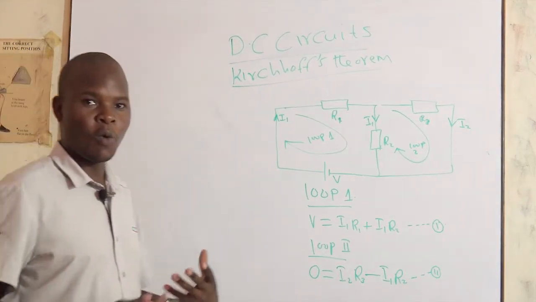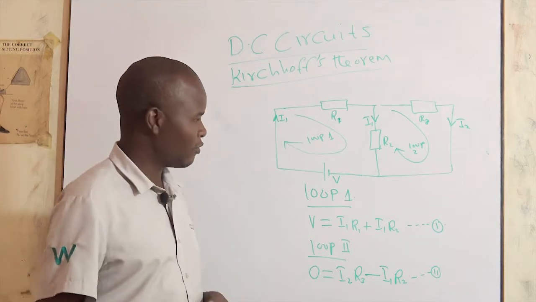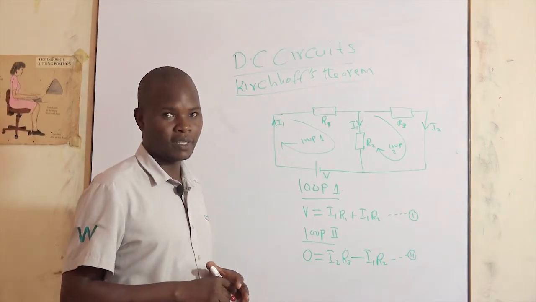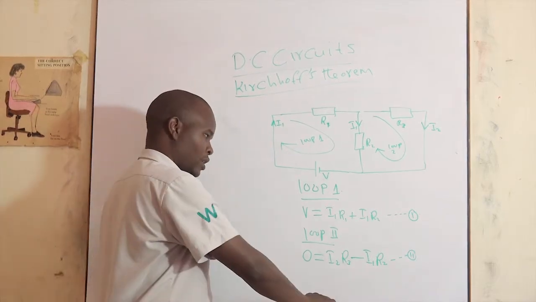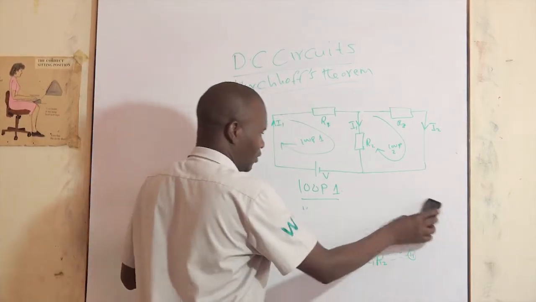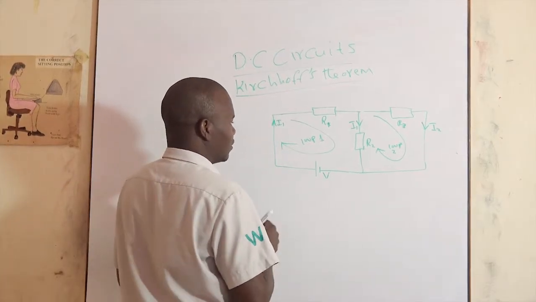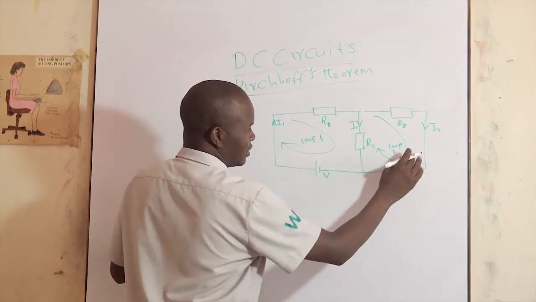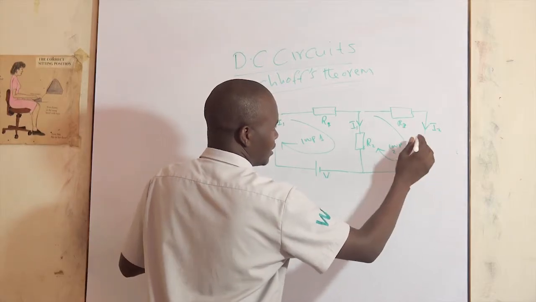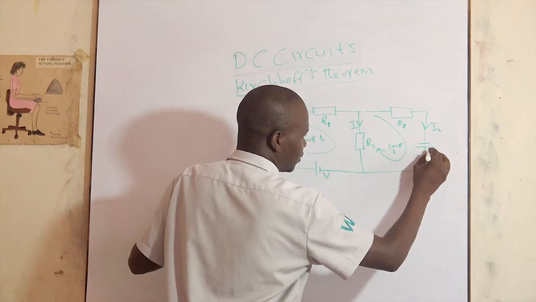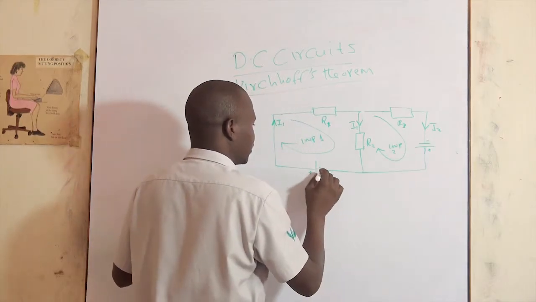This is how we relate with Kirchhoff's voltage law. You consider a complete loop. Let us take a practical example with figures so that we can calculate these values. For example, this loop has a source of EMF.